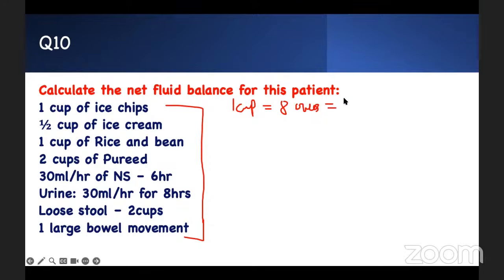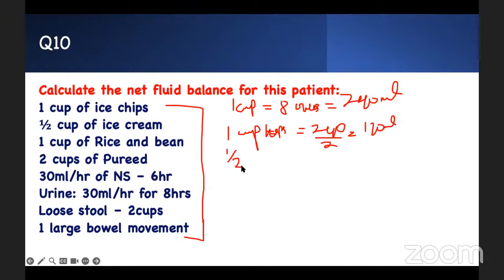And this is always equal to 240 ml. Then you do the calculation. 1 cup of ice chips is the first one. Ice chips is going to melt. When it melts, you get only half of it. So 1 cup is 240. When you put it in your mouth, it will melt. So you have 120.